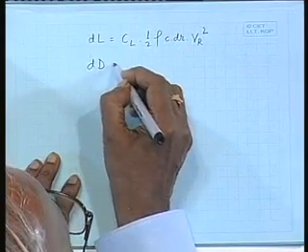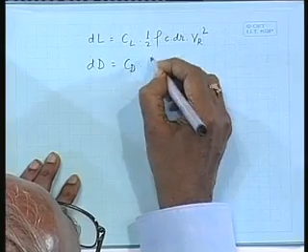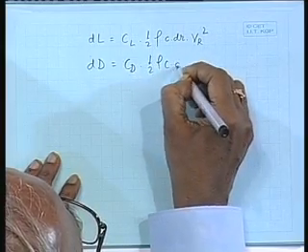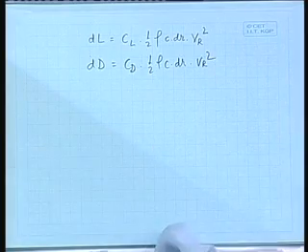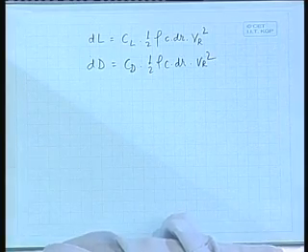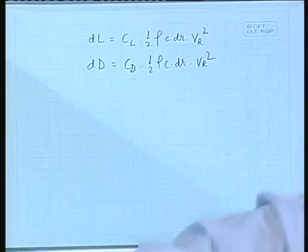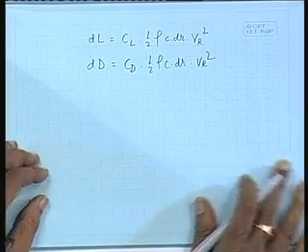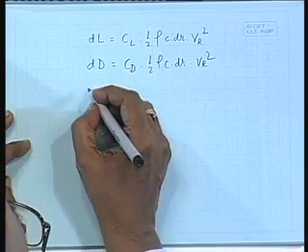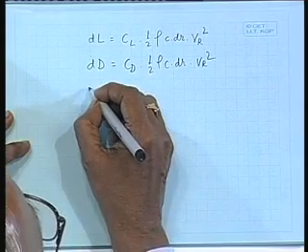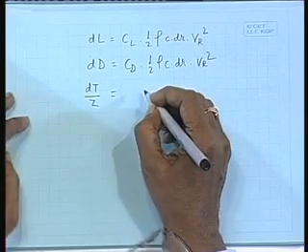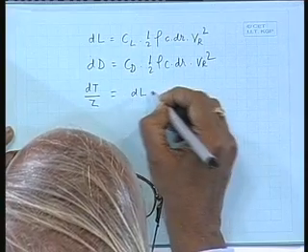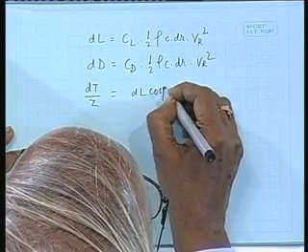Similarly, elemental drag I can calculate. Then what will be my elemental thrust and torque? I can now write dt by z is equal to, please see the diagram which was drawn in the last page.